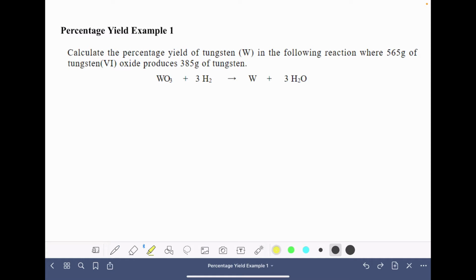So we're told we're going to calculate the percentage yield of tungsten, that is our desired product, in the following reaction, where 565 grams of tungsten oxide produces 385 grams of tungsten. Now, as is normal for the higher paper, a balanced equation is given for you.